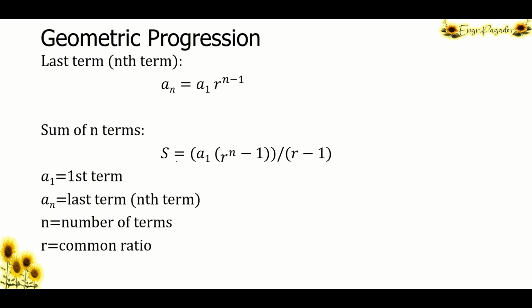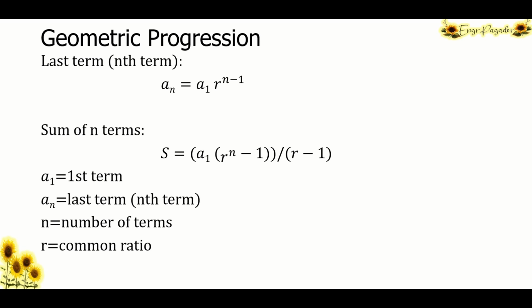For the sum of n terms, we have the formula s is equal to a sub 1 times r raised to n minus 1 divided by r minus 1. So, yung a sub 1 natin is of course the first term, a sub n last term, n is the number of terms, and now r natin is the common ratio, which is the quotient of any two consecutive terms.